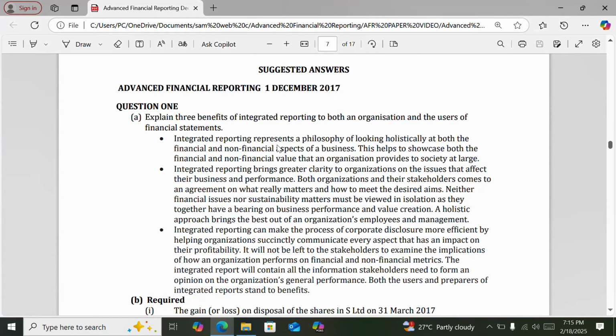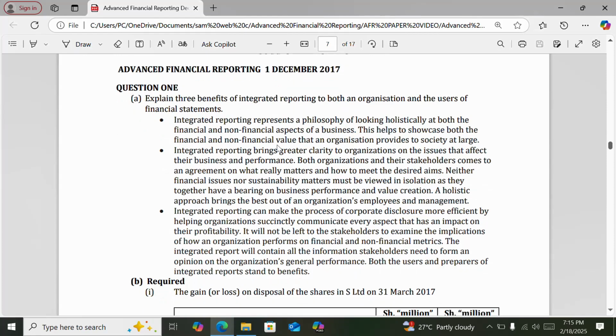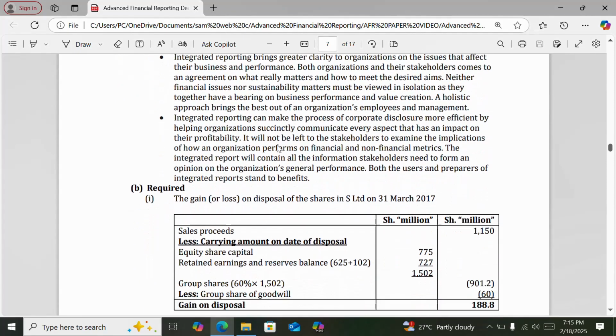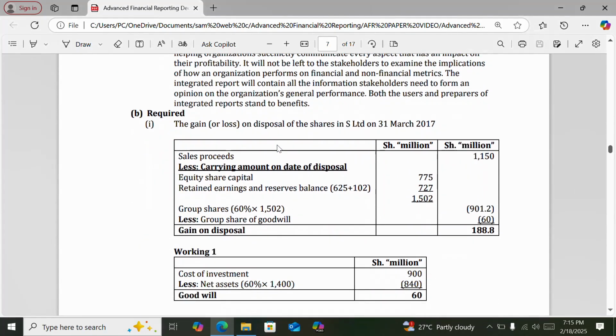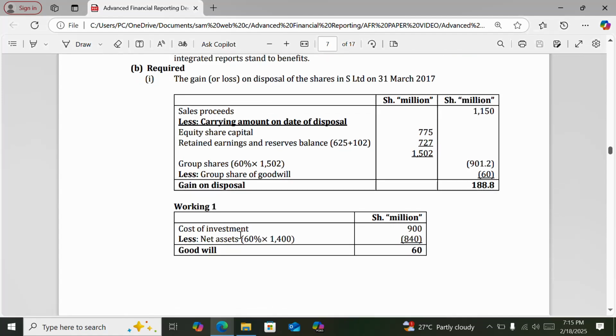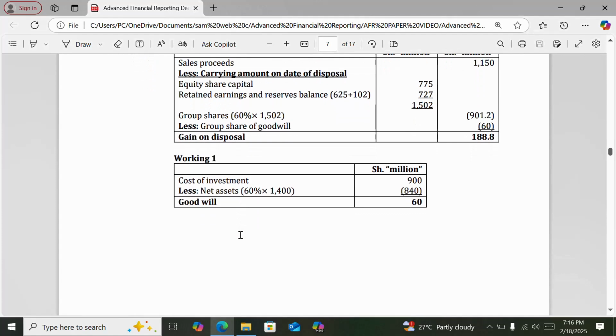That is the answer for the first question, benefit of integrated reporting. Then part B, we have the gain on disposal. Then we have a working there, working 1. That working was determining the goodwill.